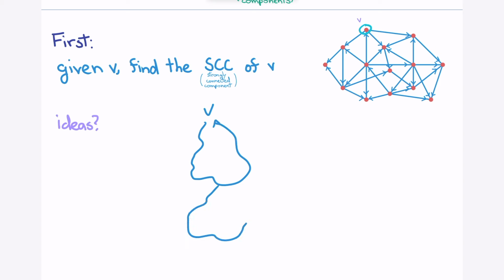But from here, I have another cycle like this. Let me do it a little differently. Some cycle like this. Imagine these are all little edges getting added onto each other. But you might not notice in your algorithm this other cycle, because there's no back edge from here all the way back to V. So somehow keep looking for back edges.